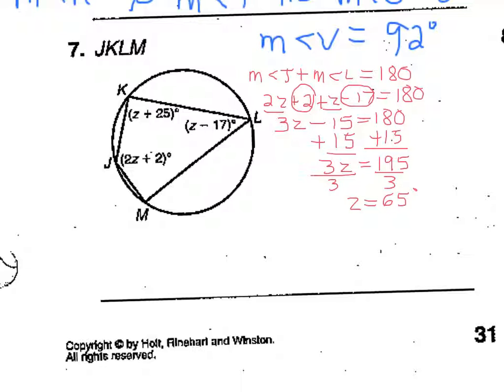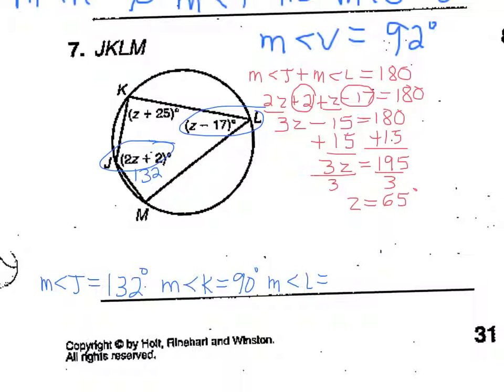Abdiel, do you happen to have the answers? What is the measurement of the angle J? 132? That is right. What is the measurement of angle K? That is 90. Wonderful. What is the measurement of angle L? Isn't it the supplement of this one here, which is 132?